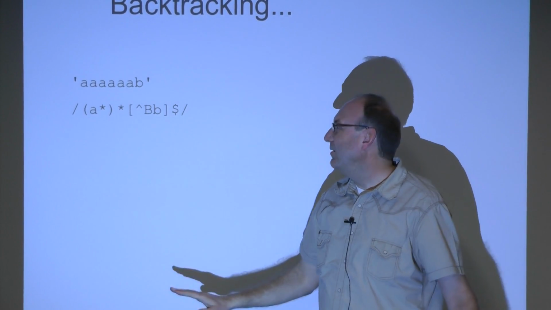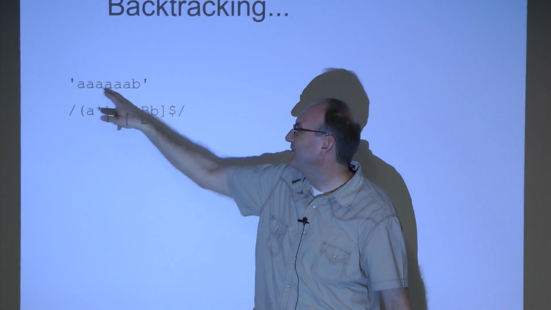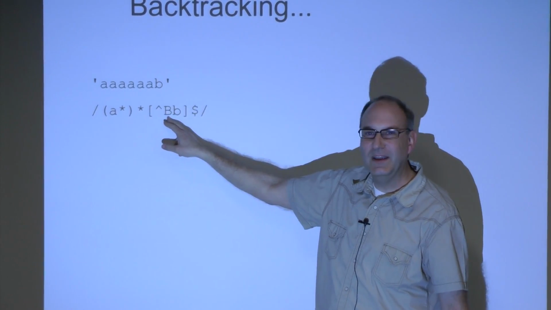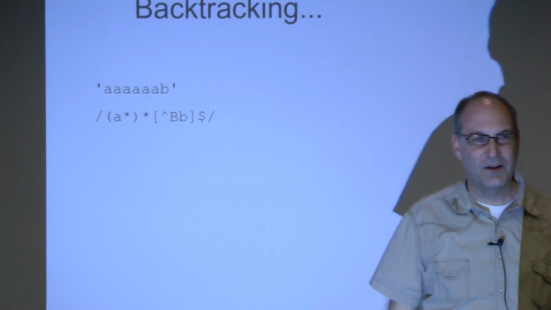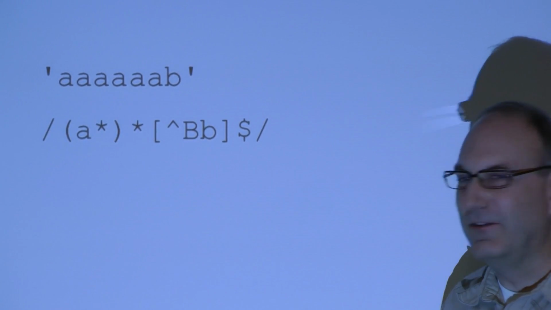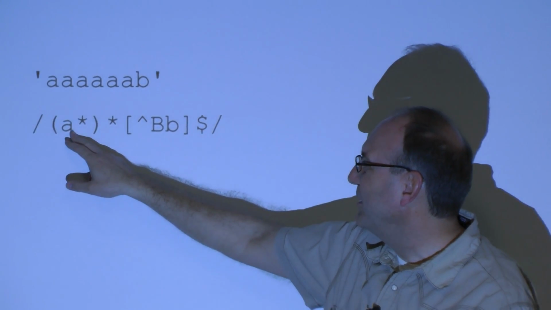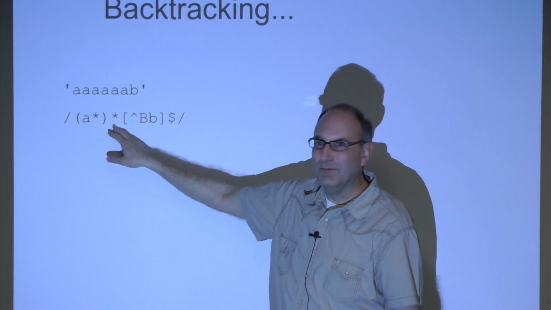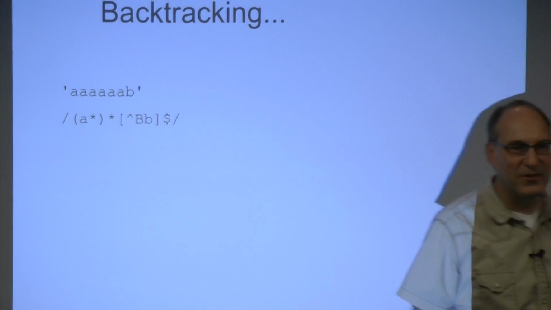This match is destined to fail, because here's our string, and here at the end the string cannot have a B. We can look at that and just like that say, that's going to fail. However, the regular expression engine doesn't look all the way to the end of the string and see what's happening. It looks here and says, well, we can match any number of A's, and we can do that any number of times. So it's kind of an ambiguous construct to begin with.